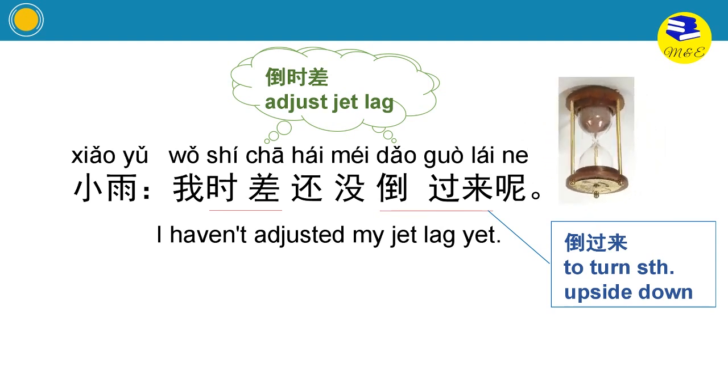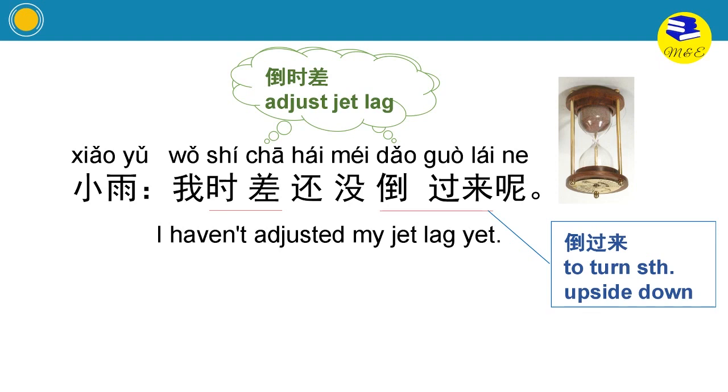So just now we already said 时差. We translated it word by word. It means time difference, so it also refers to time. Just like this sand clock, you need to turn it upside down. Then you can adjust the time in the new place. Okay, I got it.